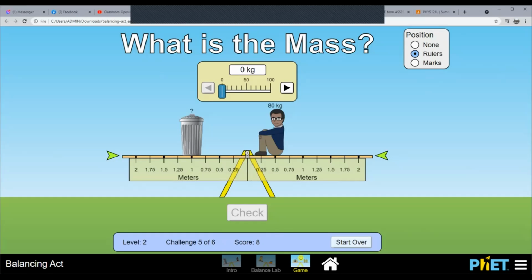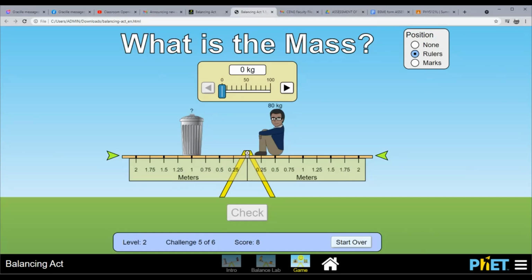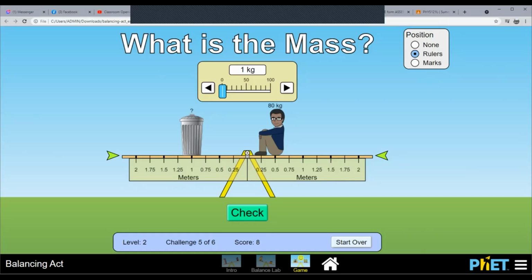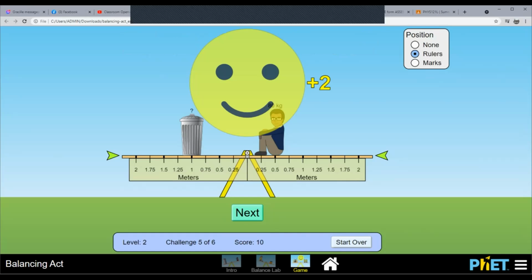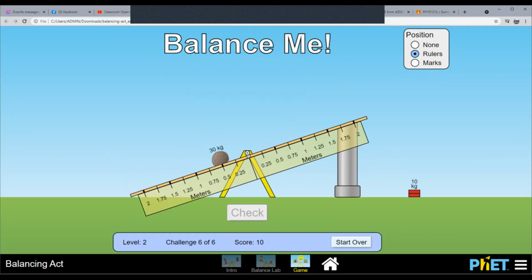So what is the mass of the object? 40 po. 40 kilogram. Yan ang answer nyo, 40 kilogram. Yes, ma'am. Okay, let's check. We have the correct answer here. Next.